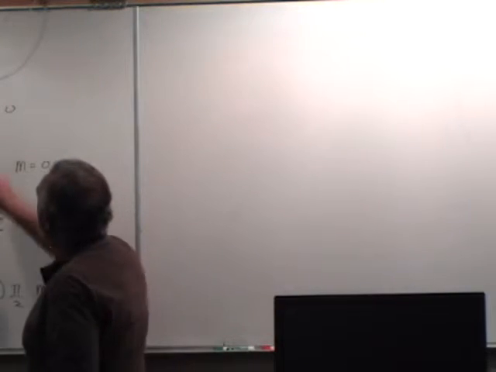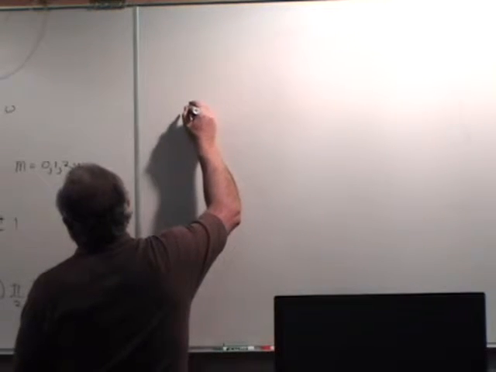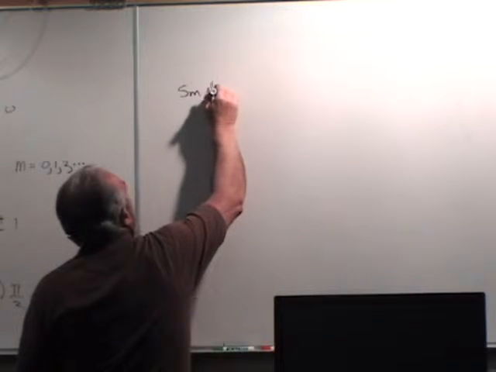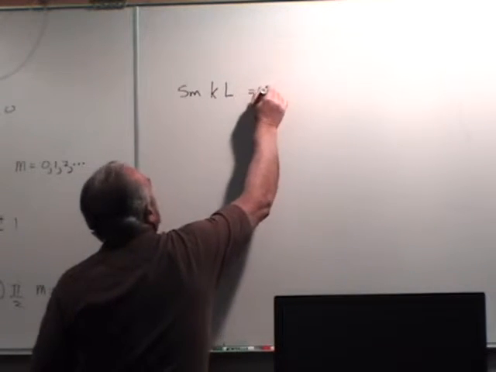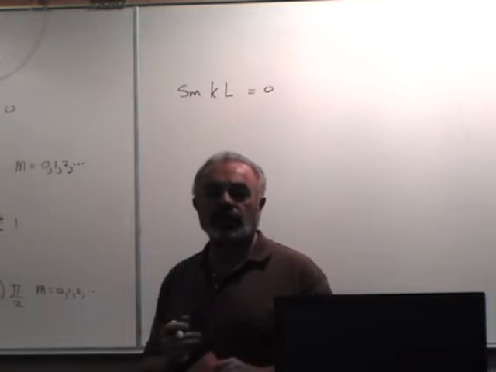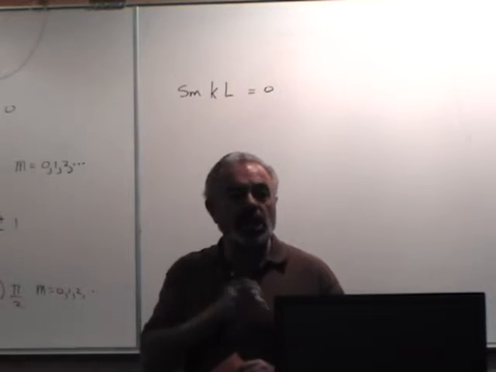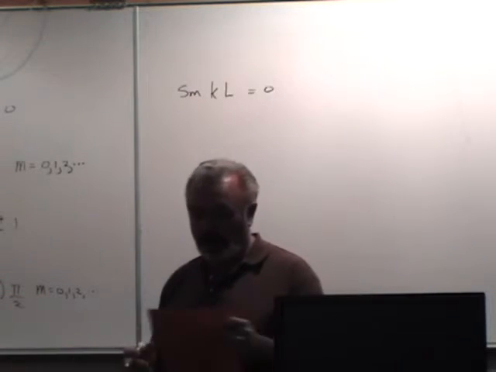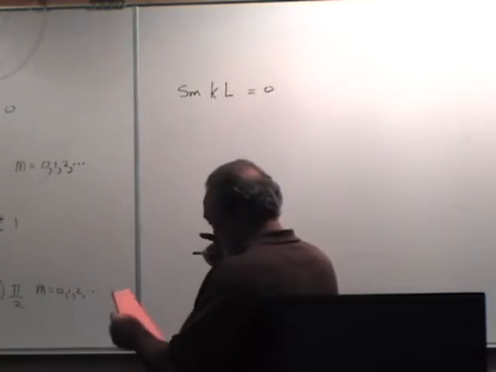But we also have to insist then that sine of KL also be 0, where L represents the overall length of the string. There has to be a node at each end. So you have to have a 0 at the far end like that. Well, what does that mean?